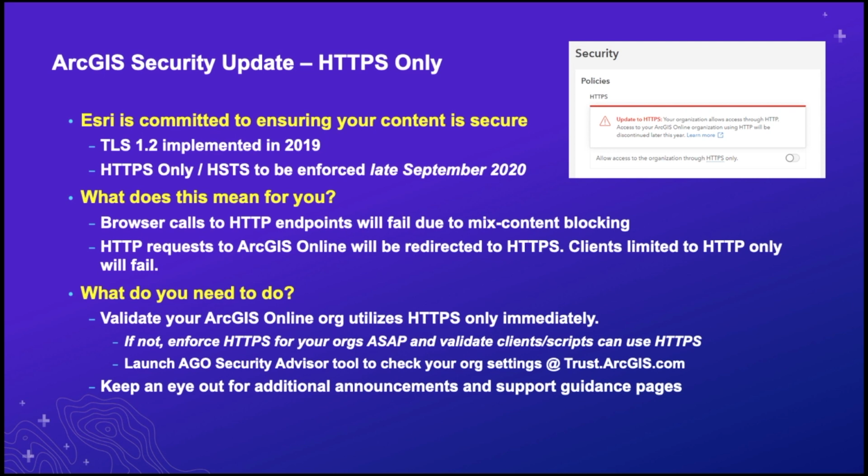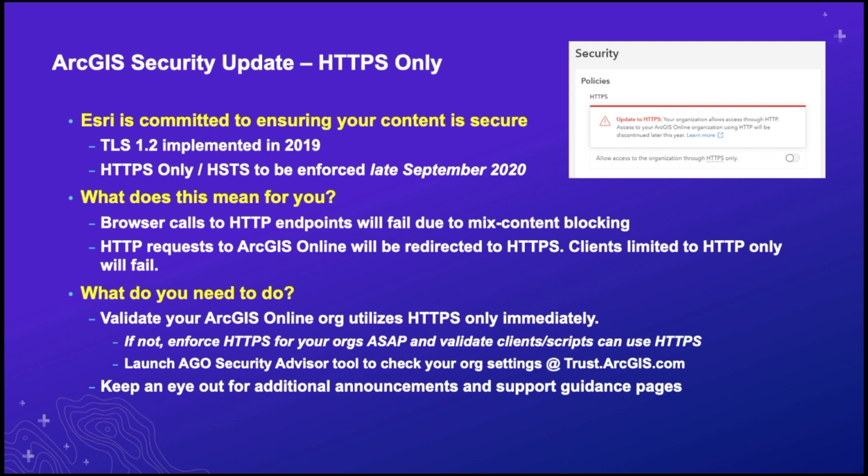Earlier last year, we switched our HTTPS implementation to only be TLS 1.2 as far as the protocol is concerned. This was to get in line with some best practices and get rid of some weak ciphers on the HTTPS transfer protocol. So we did that.